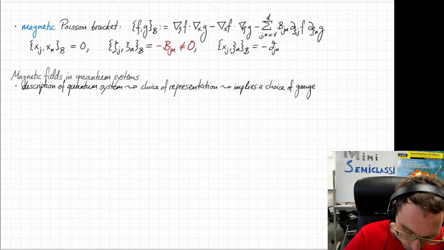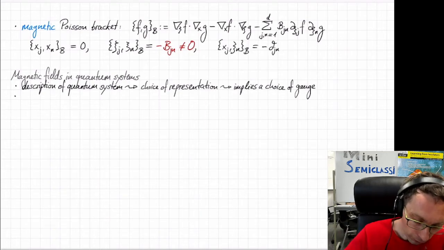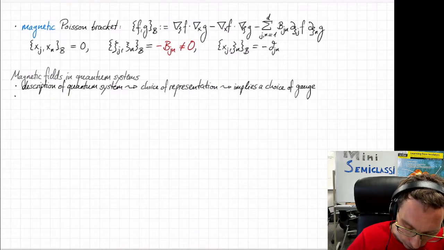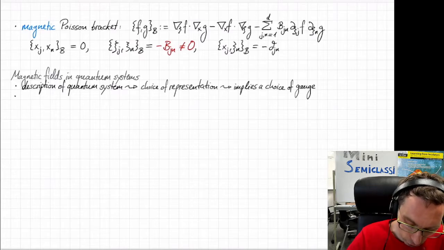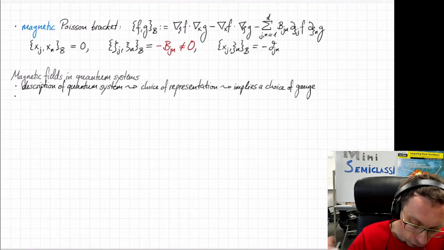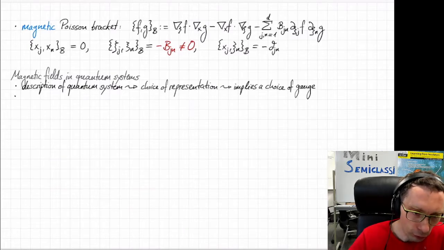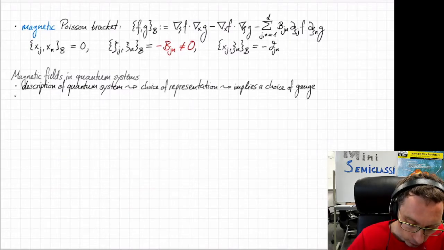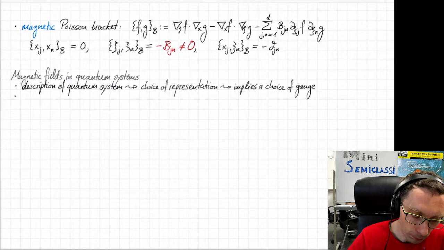But still, all essential properties of the physical system must be preserved because of a second thing, that's gauge covariance. And that's just saying that if we change gauge, this corresponds to a unitary transformation, and a change of representation is exactly implemented by a unitary.